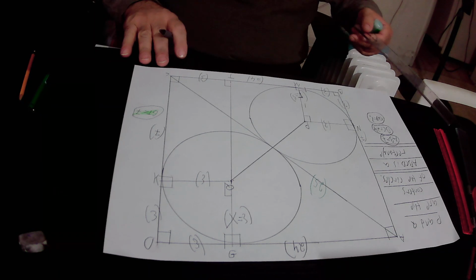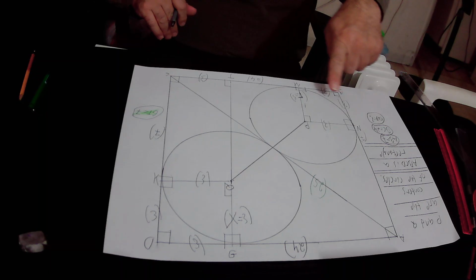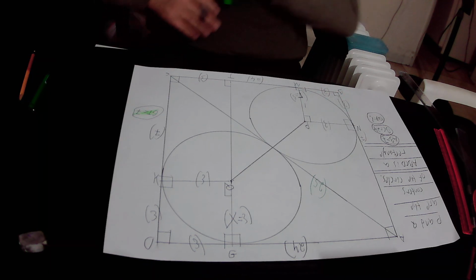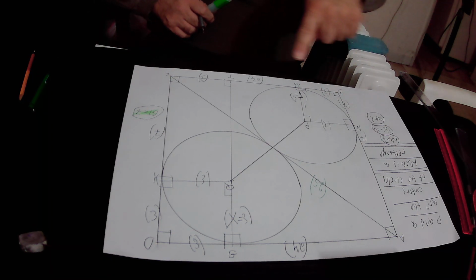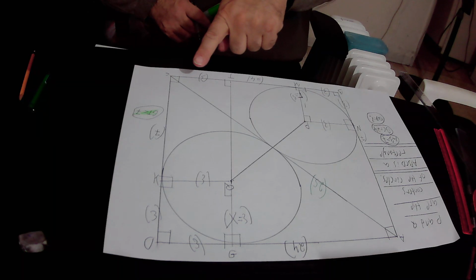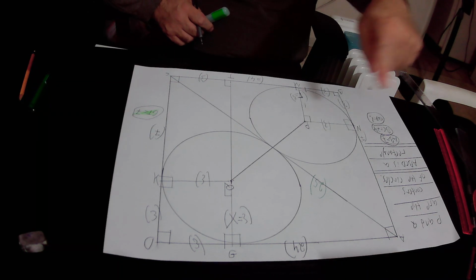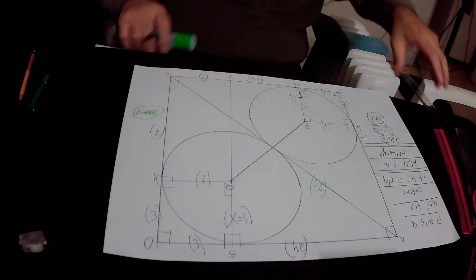In the next step, we will extend the radius NP of this circle by a straight line until it touches side DC of rectangle ABCD.